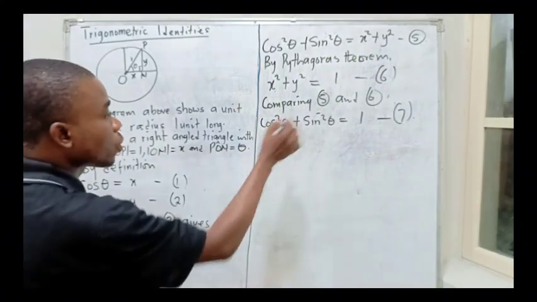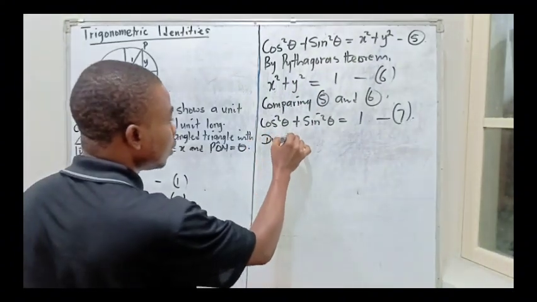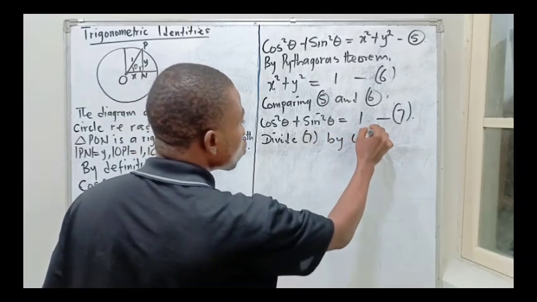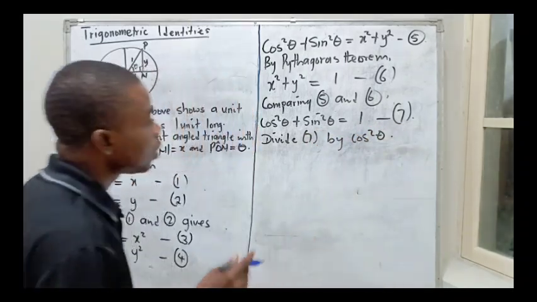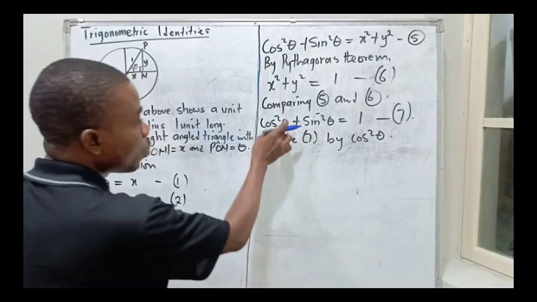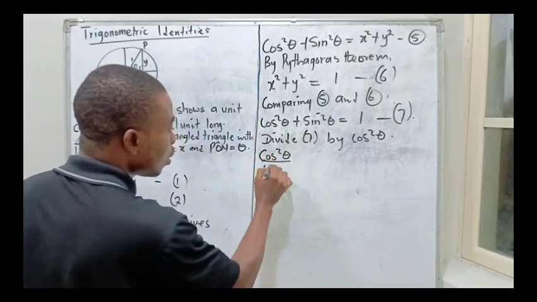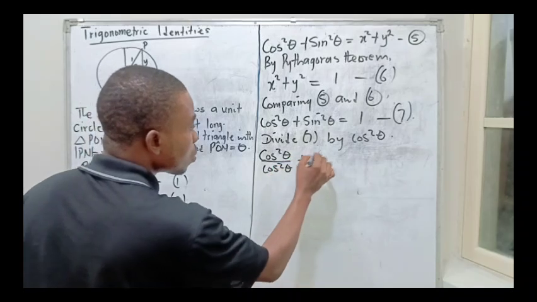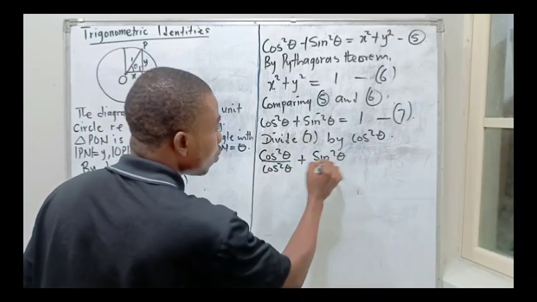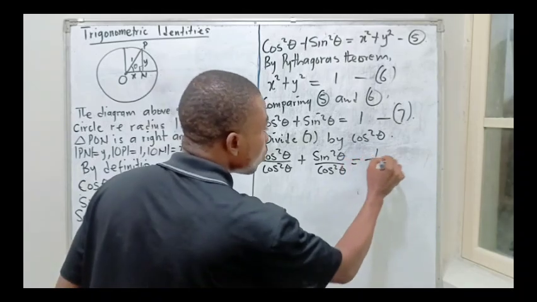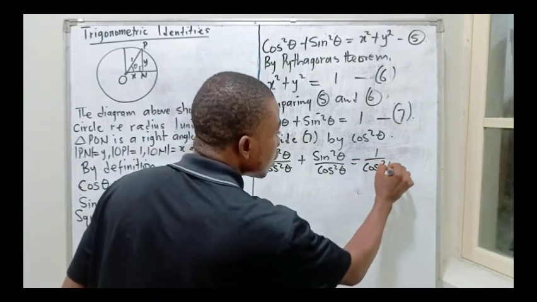We divide equation 7 by cos squared theta. We divide the left hand side and the right hand side. So we have cos squared theta over cos squared theta plus sin squared theta over cos squared theta is equal to 1 over cos squared theta.